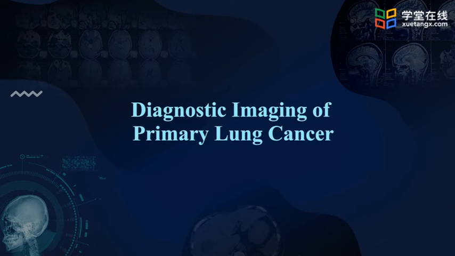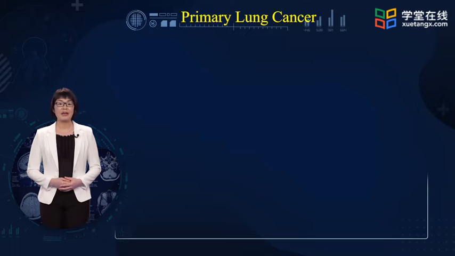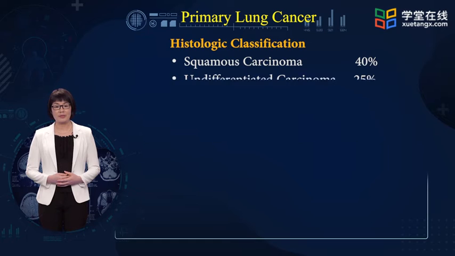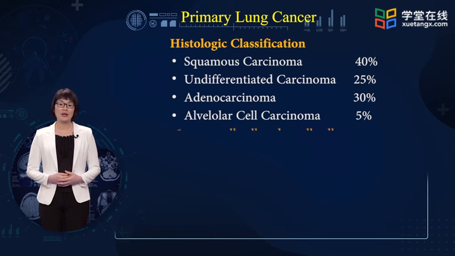In this session, we will talk about diagnostic imaging of primary lung cancer. Primary lung cancer is the leading fatal neoplasm in men and women worldwide. Histologically, it can be divided into squamous carcinoma, undifferentiated carcinoma, adenocarcinoma, and alveolar cell carcinoma.